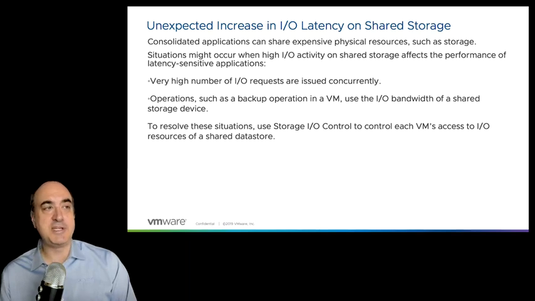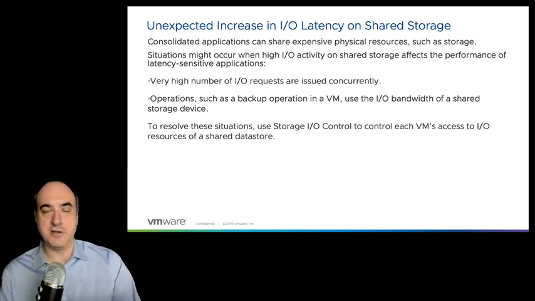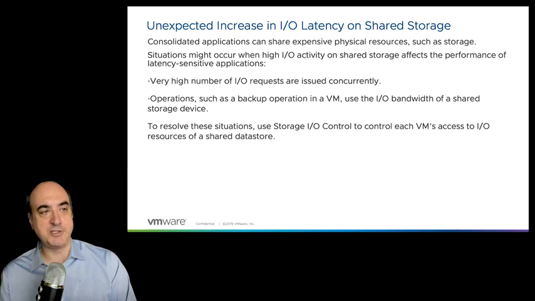Now, what if you have unexpected increase in I/O latency on your shared storage? Consolidated applications can share expensive physical resources like storage, and you might have situations where the I/O activity on shared storage access affects the performance of latency-sensitive applications. You might want to watch out for a very high number of I/O requests that are issued concurrently, right? You end up having this immediate bottleneck of a whole bunch of I/O requests issued at once, or operations like a backup operation in a VM.